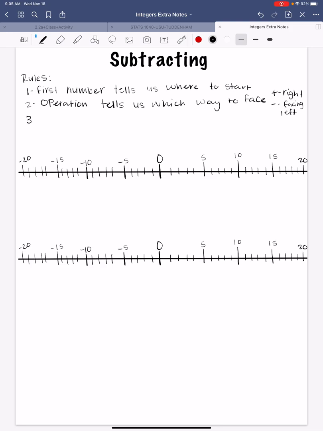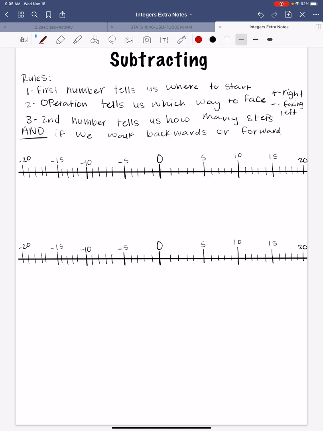And then the third thing is that the second number tells us how many steps, and if we walk backwards or forward.